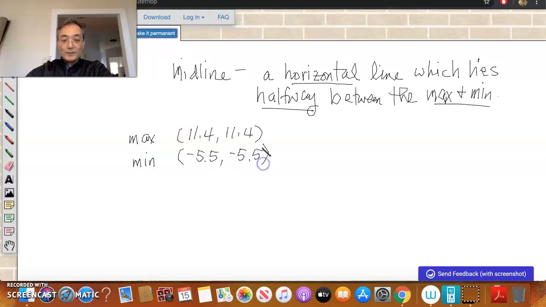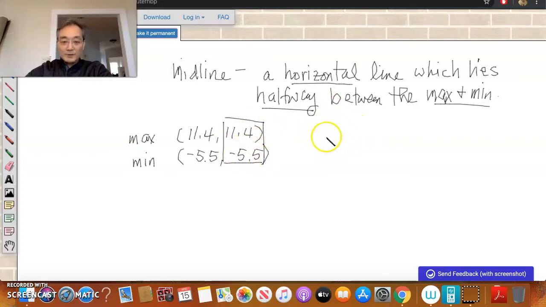We are looking for half the vertical distance, which means we have to look at the y coordinates. We have to find the middle number between these two. And how do you find the middle number here? Well, let's find the average of these two numbers.